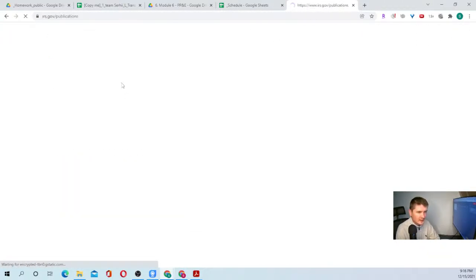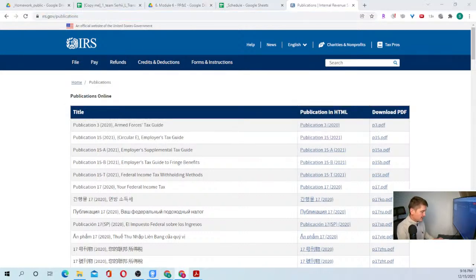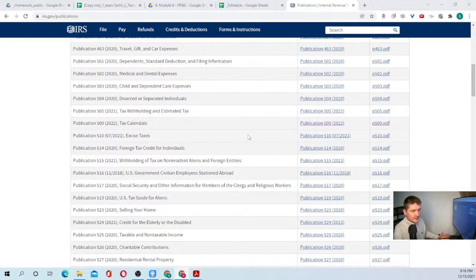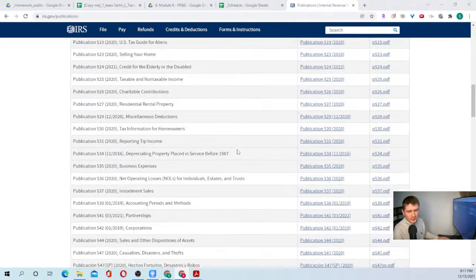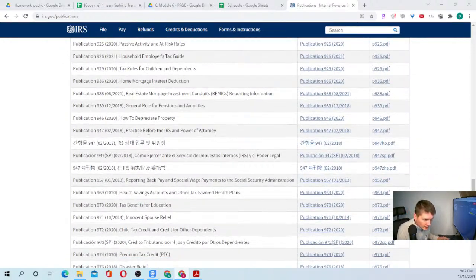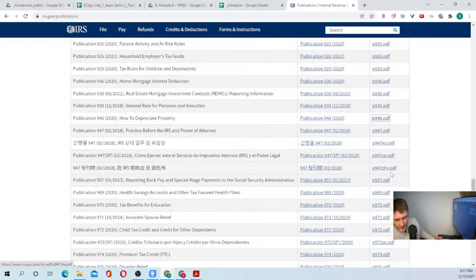You can just Google IRS publications, and on that page the IRS summarizes the tax code in a more readable format with some examples, and we will look at publication 946, How to Depreciate Property. I will copy the link address here and paste it here.